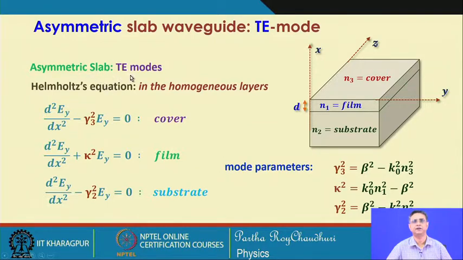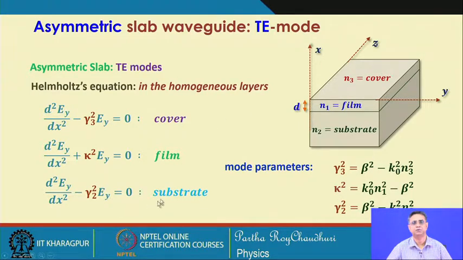Okay, for the asymmetric slab, we will first look at the TE modes, and for TE modes we have seen these wave equations, because in this case we define the mode parameters gamma 3 squared as beta squared minus k0 squared n3 squared for the cover layer, and for the substrate you have beta squared minus k0 squared n2 squared, that corresponds to gamma 2 squared, and kappa remains the same for the film.